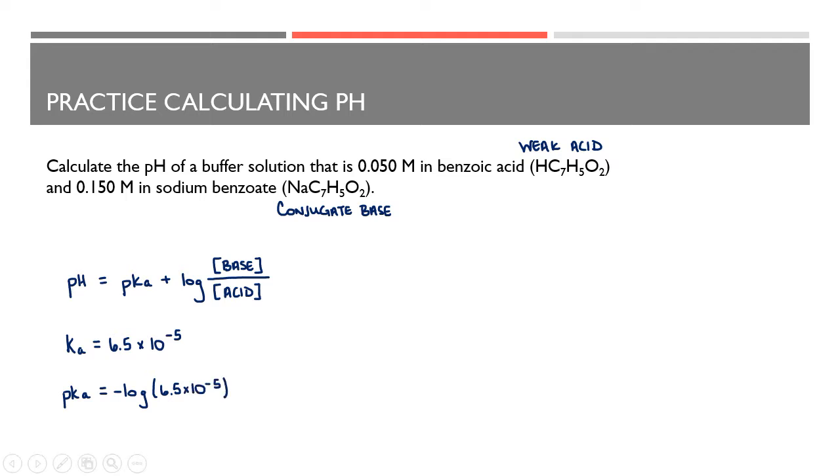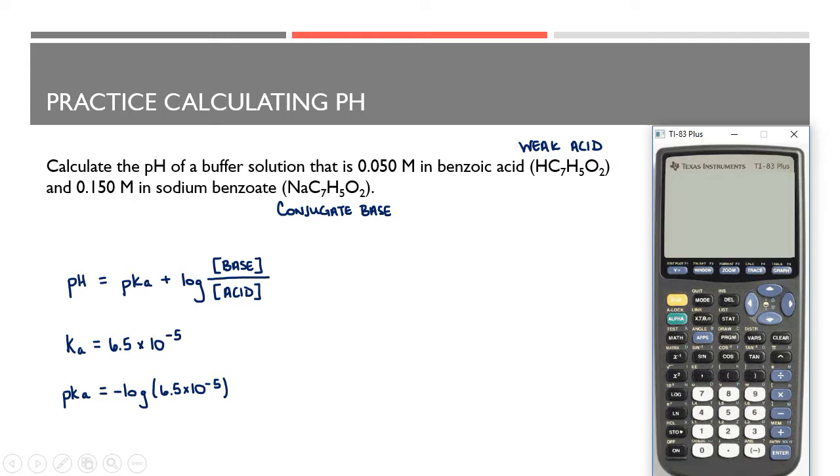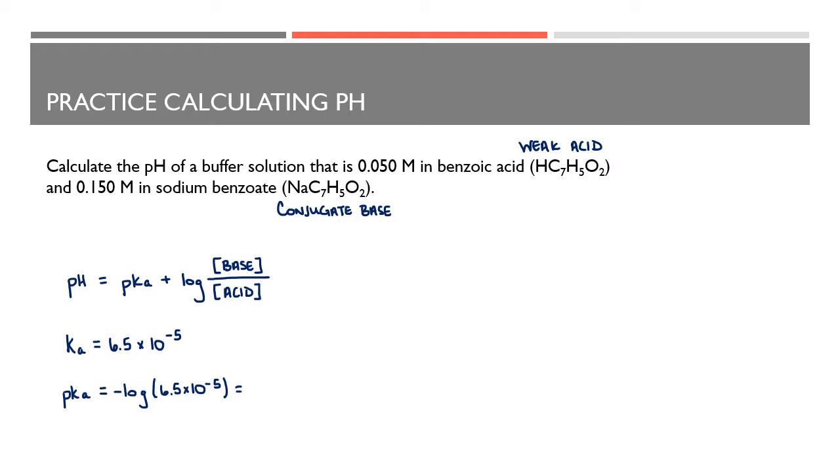If our Ka is 6.5 times 10 to the negative fifth, then our pKa is the negative log of this, which is 4.187. So that's our pKa. Now I'm going to plug this into the original equation.